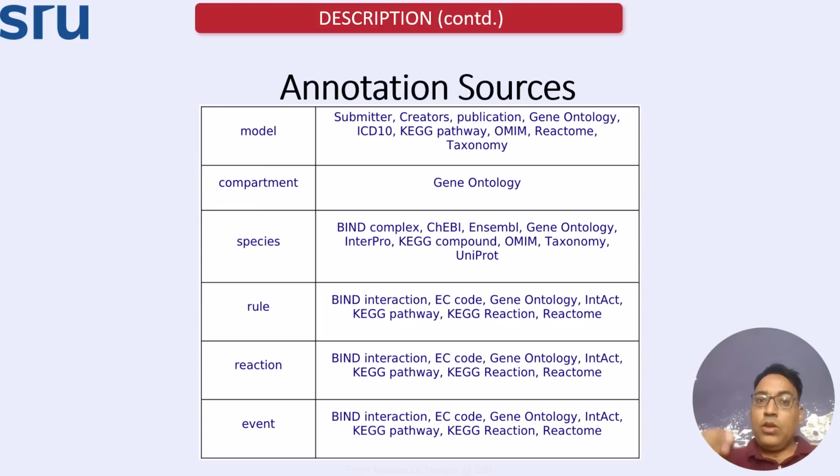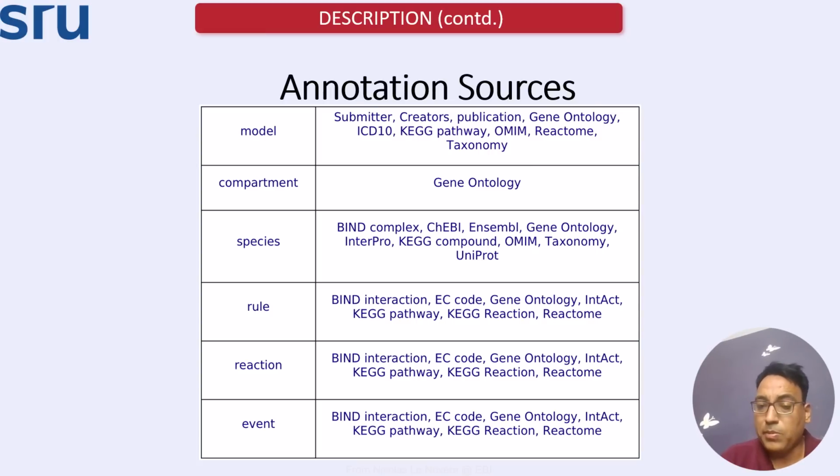Now understand these annotation sources. I'm listing here various servers for doing different kinds of analysis. All of you can see this in more detail. The model part: submitter, creator, publication, Gene Ontology, ICD-10, pathway, OMIM, Reactome, taxonomy.